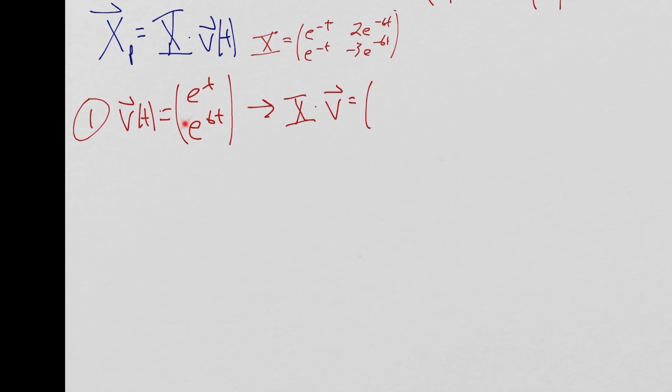First one, I want you to multiply on the right side. I'm going to have you let v equal this. So you're going to do x times that. Notice I'm just going to copy this x. So e to the negative t, 2e to the negative 6t, e to the negative t.